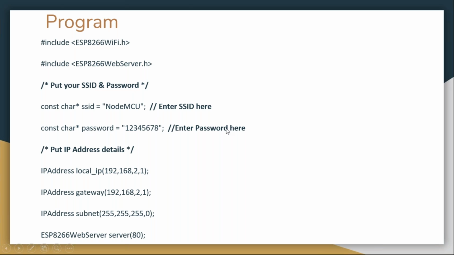Now, next is how to set a pin. This is the method to set up pin D2. Initially, we give the status of the D2 pin or LED as LOW, which means initially it is off.